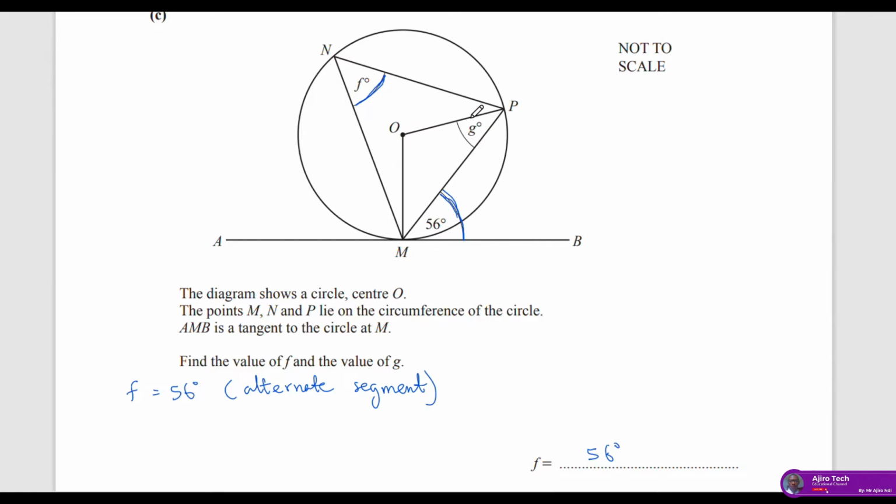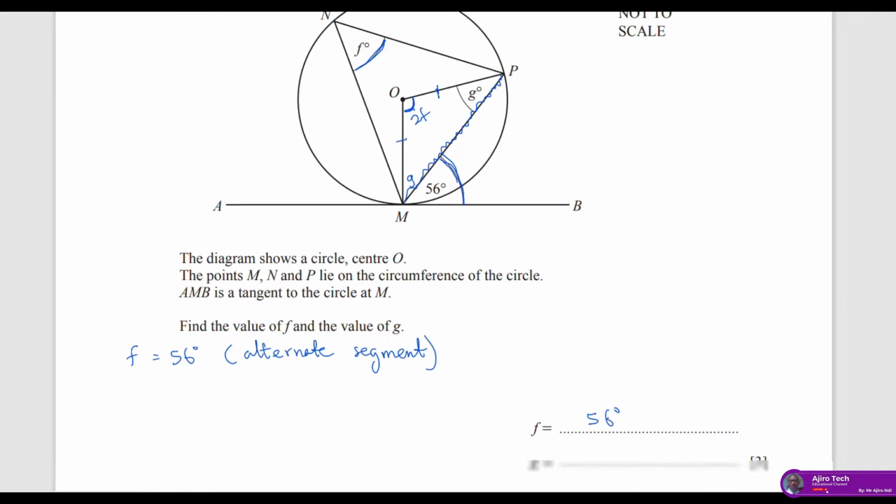Now G is in a triangle that is isosceles because these lines are equal. Since it is isosceles, this angle also should be equal to G. Then look at this one here, the angle at the center made with chord MP. The same chord that makes F makes an angle at O, which should be twice this one.